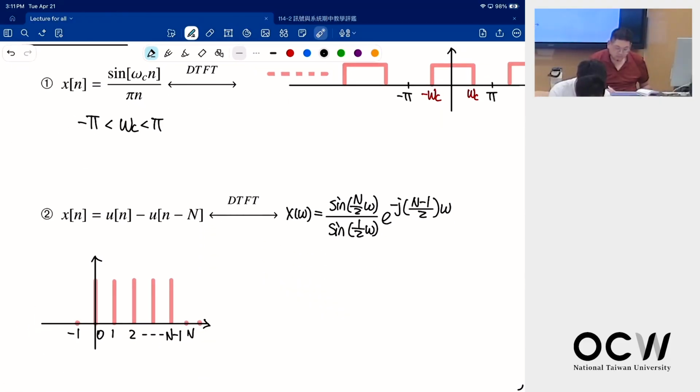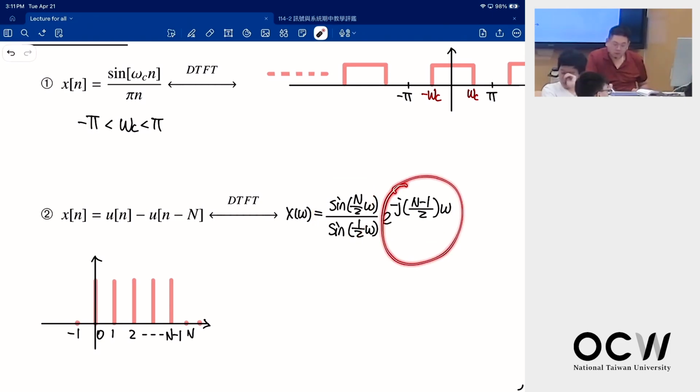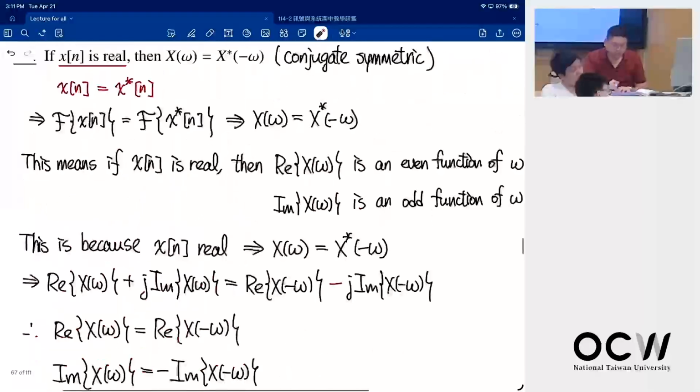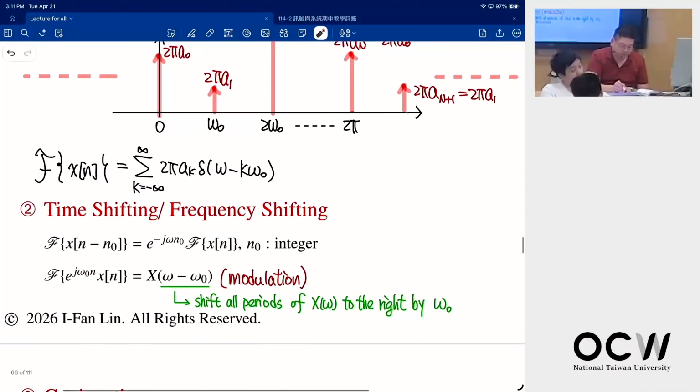Why do I have that exponential here? When will you see that in frequency domain, I will have the complex exponential? It probably when you have a shift in time domain, right? If I have a shift in time domain, then I may have to times a complex exponential.